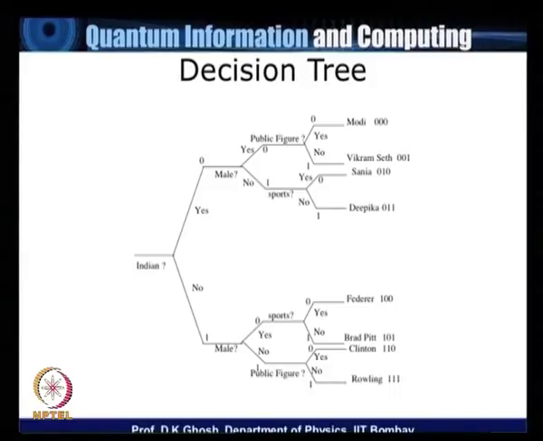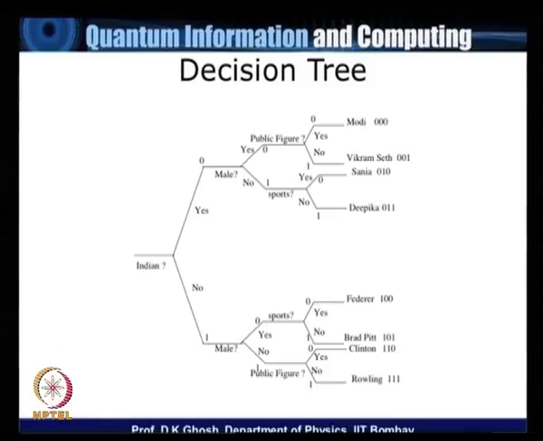Now, there are 2 options. The answer could be yes or it could be no. Supposing the answer is yes, now you see, there are 4 Indians in that. So the first group with an answer yes has 4 possibilities. In the second group with the answer no, there are also 4 possibilities.